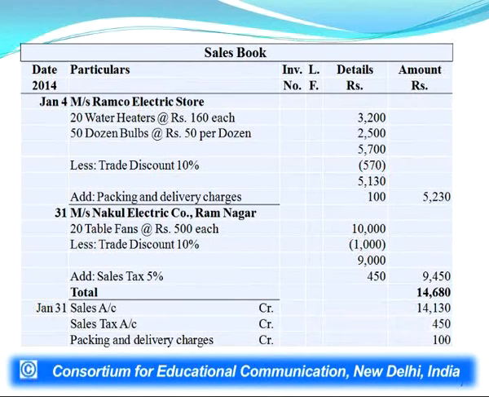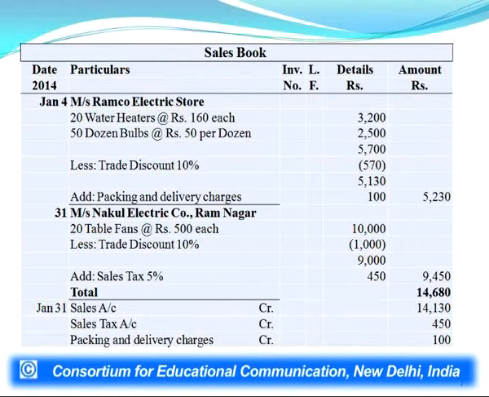Now, we need to take care how much amount should be credited to which account. In this total, the sales income is only 14,130, because the 450 is the sales tax collected by the firm, which shall be credited to the sales tax account, and as per the rules of the government, the sales tax shall be paid to the government.